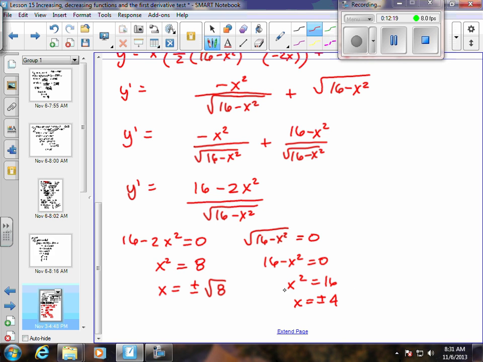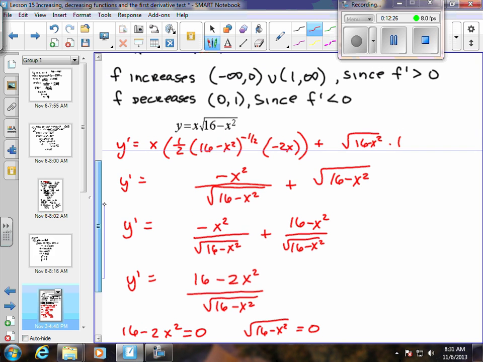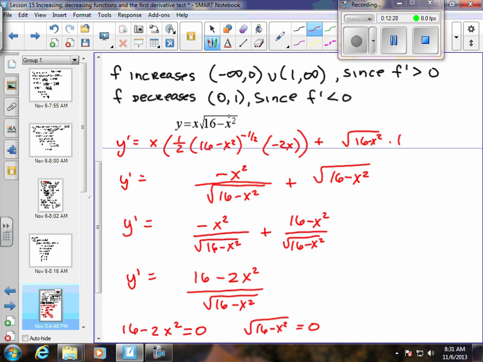So we have 4 critical numbers. Or do we? What is the domain of this function? What part restricts the domain? The radical.